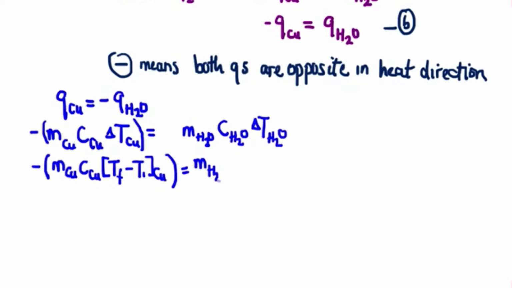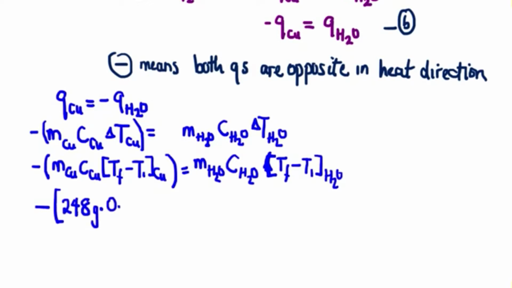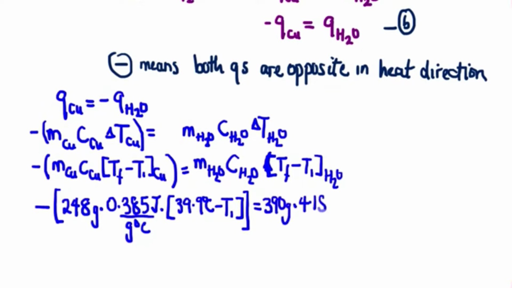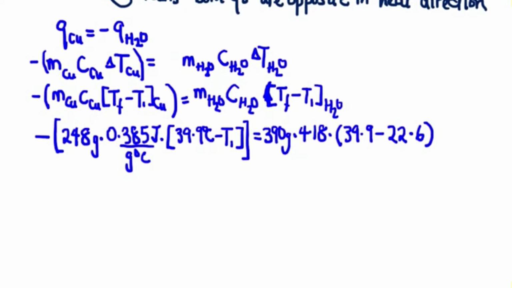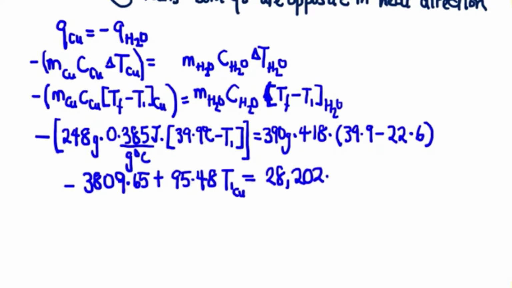If you see the negative sign in here, we can do both sides. Let's see what happens if we put the negative sign on the left side of the equation. Once you put in your values, it only changes the number that has a coefficient, making the positive sign there 95.48 times initial temperature, minus 3,809.65, equal to 28,202.48.